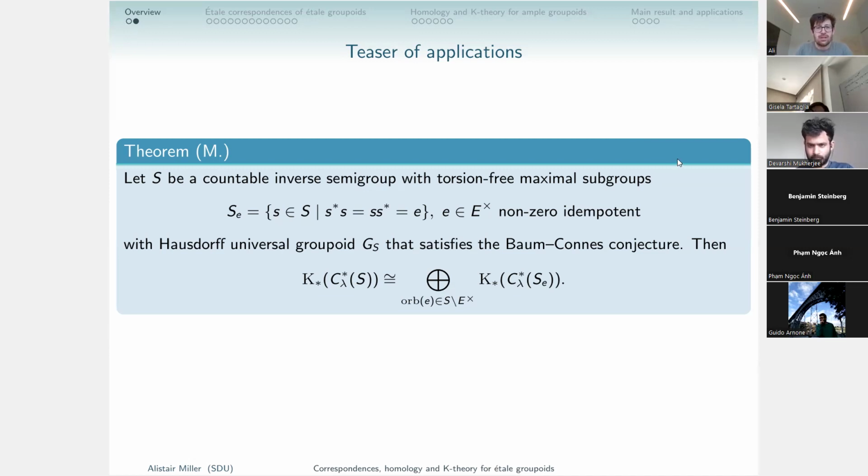Particularly, they have all these groups living inside them, so-called maximal subgroups, for every idempotent. And there's a very natural C-star algebra you can associate to one of these. If you want to understand the K-theory of this left regular C-star algebra, it will just split into this orbit-stabilizer formula, where we've reduced the problem to understanding the orbits of the idempotents within this thing, and the K-theories of the C-star algebras of all of these maximal subgroups.